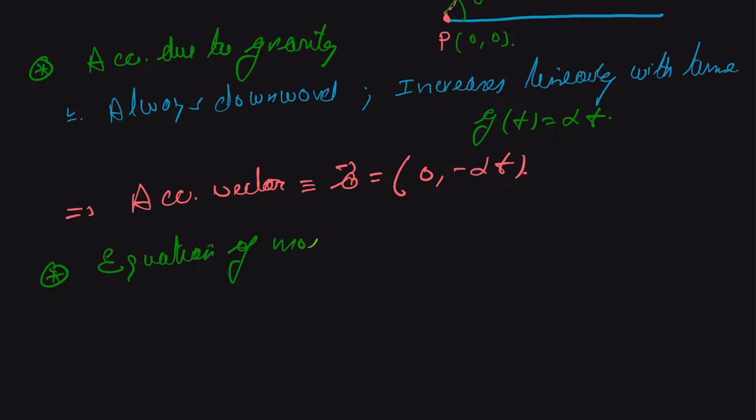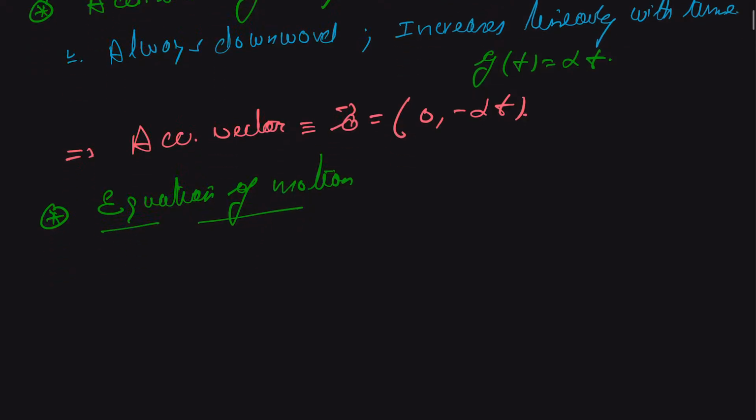Now we can write the equation of motion. For the equation of motion, we can say that the double derivative of x is going to give us acceleration in the x direction, and the double derivative of the vertical distance y is going to give us acceleration in the y direction.